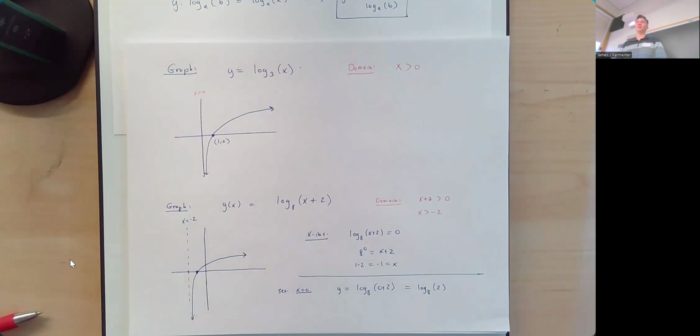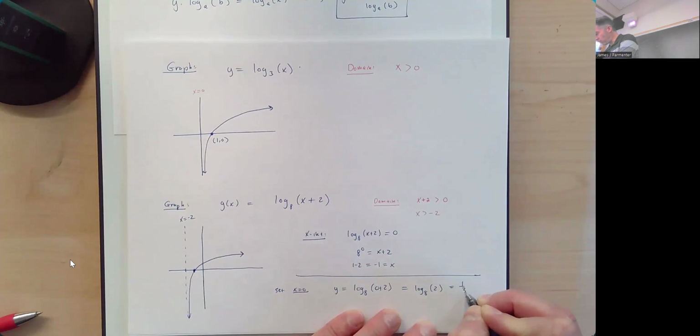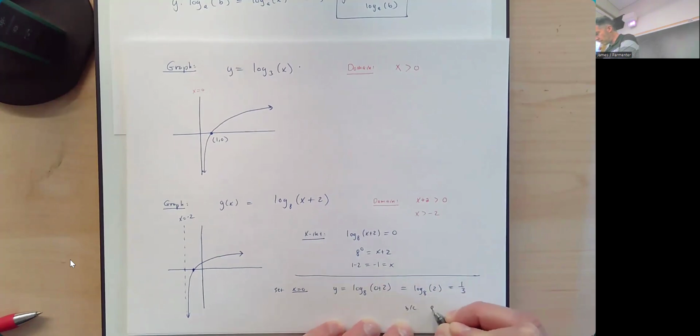What's log base 8 of 2? 8 to what power equals 2? Good question. Kind of like 3. It's 1 over 3. Yeah. 8 to the 1/3 power, or the cube root of 8, is equal to 2. So this is totally 1/3 because 8 to the 1/3 is equal to 2.